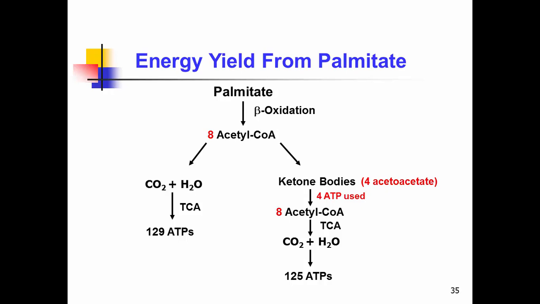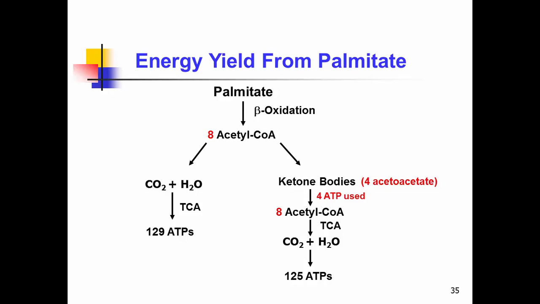Okay, so now the energy yield, I mean ATP production, from palmitate. If we make a comparison between the complete oxidation of fatty acids versus beta oxidation and ketogenesis and then oxidation, we can see how many ATPs are made in these two different pathways of fatty acid utilization.